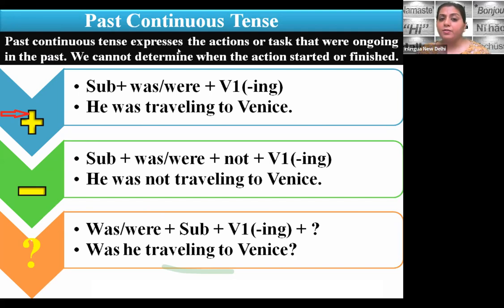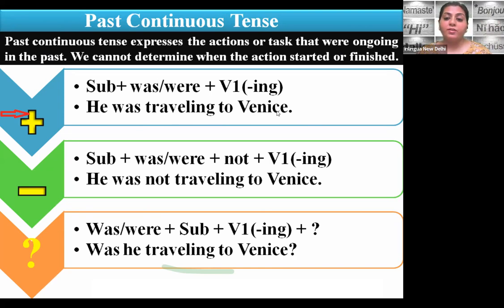The past continuous tense expresses the action or task that was ongoing in the past. We cannot determine or understand when the action started or when the action finished. But we know that at a particular time, that action was taking place. It was happening.